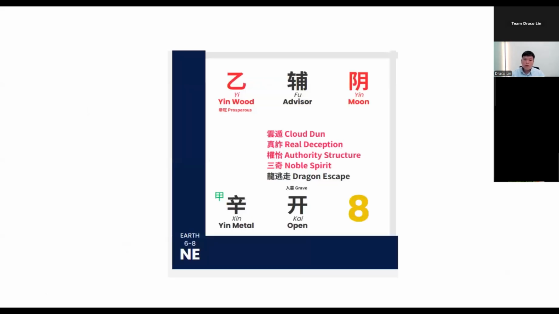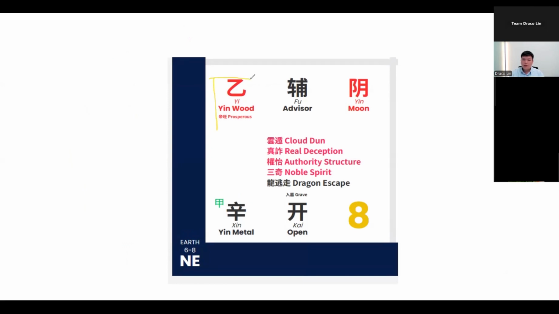All right. So last week we did something very simple, which is we talked about the stems. The stems represent people. In this part here, we always differentiate different variables. This is very important when you study Qimen. These are the different variables that you need to know.